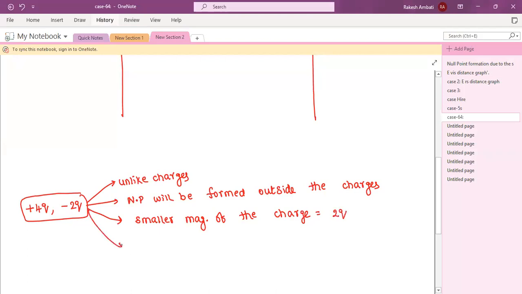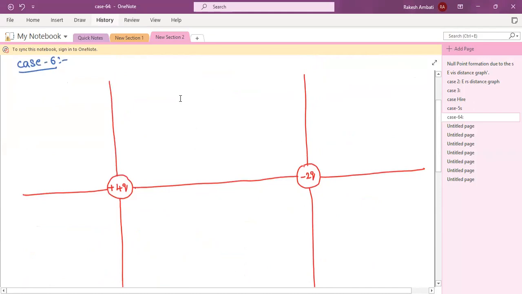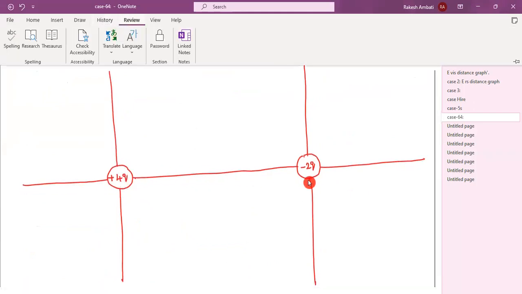The null point is always formed near to the smaller magnitude charge. By keeping these points in mind, first of all, both are unlike charges.